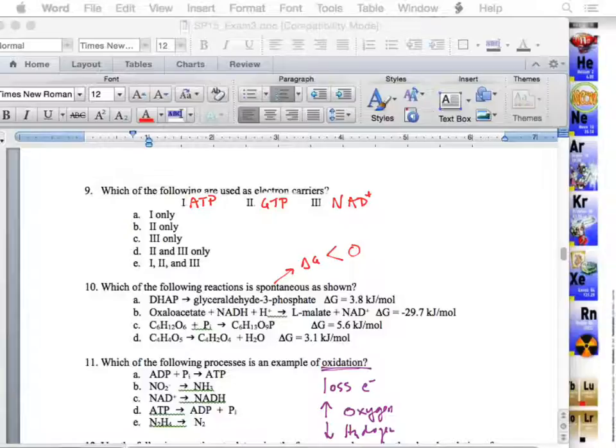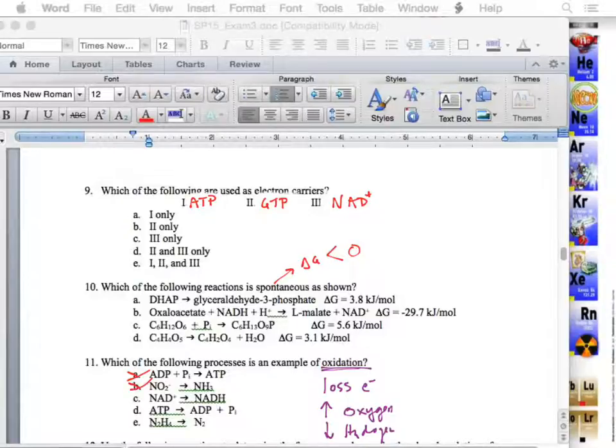I would look at those and think, oh crap, I don't know the oxidation numbers. I need a quick rule of thumb. Increase oxygen, decrease hydrogen. ADP to ATP, you should immediately eliminate. There are no electron transfer reactions in ATP. Keep that in the back of your mind. NO2 to NH3, what did we do? We gained hydrogen. That's not oxidation.